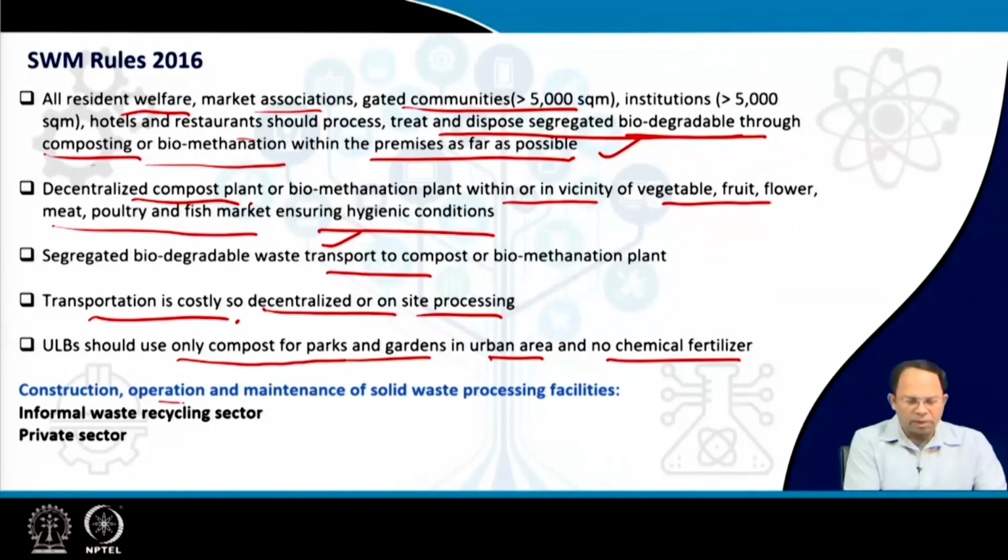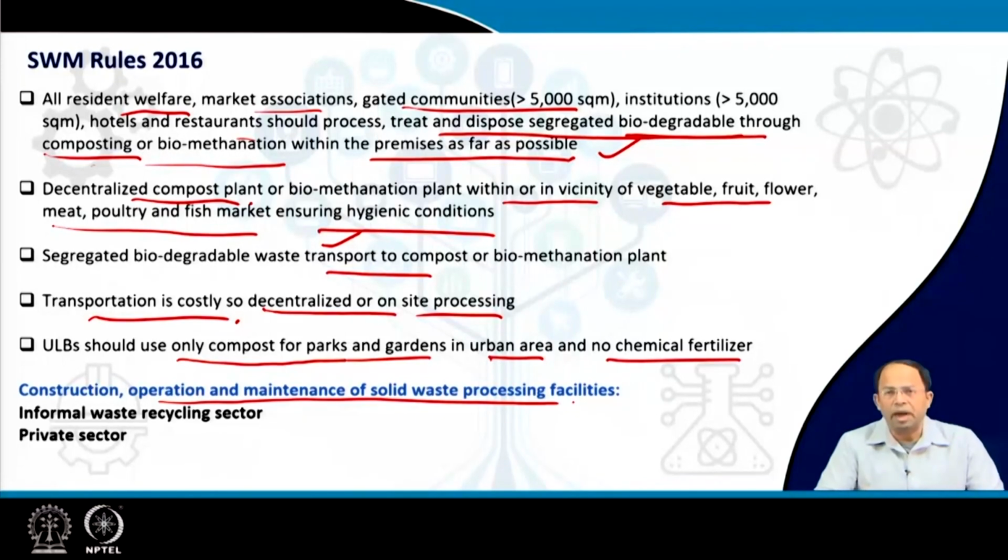Construction, operation and maintenance of solid waste processing facilities is now made mandatory for all urban areas, and usually it is suggested that for decentralized facilities we can engage informal waste workers, or the waste recycling sector should be integrated with these organic waste processing or composting facilities, and we should try to involve the private sector, which will improve the efficiency of the entire process.